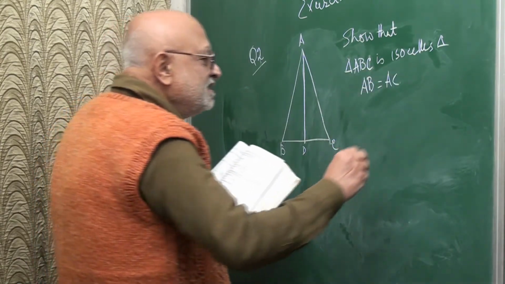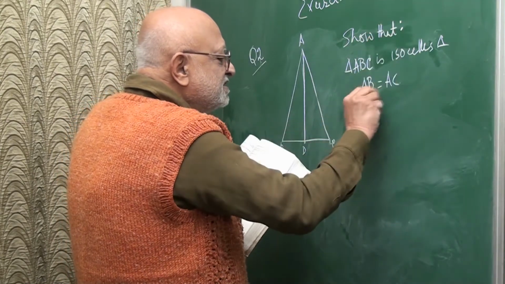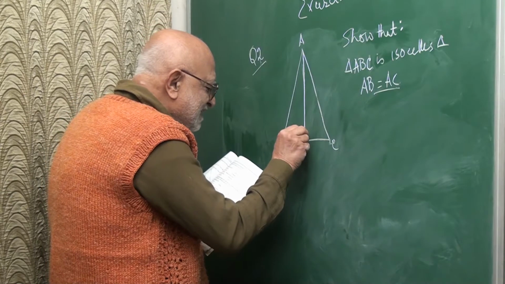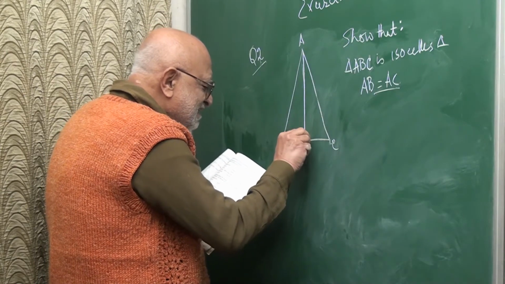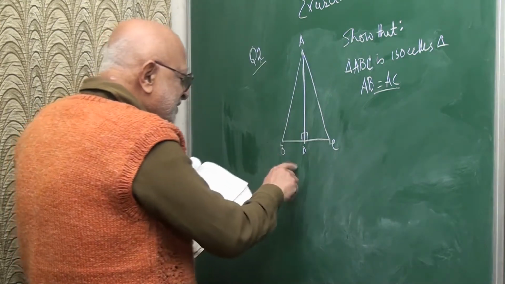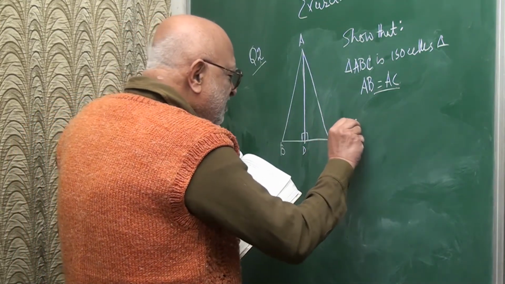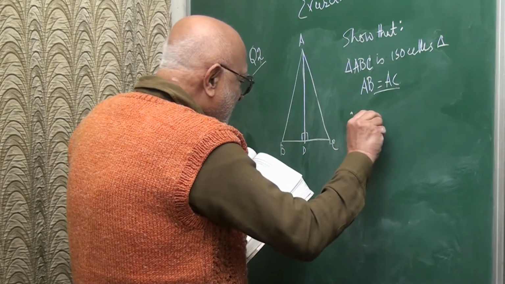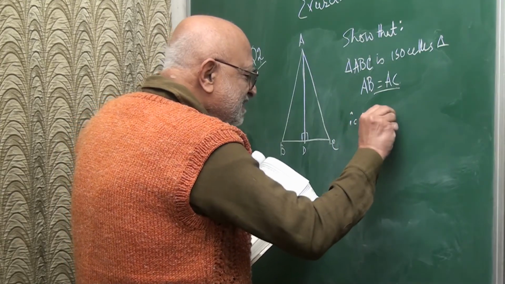Okay, what is given? It's given this angle is 90 and this angle is 90, because AD is the perpendicular bisector of BC. Therefore, BD equal to CD.